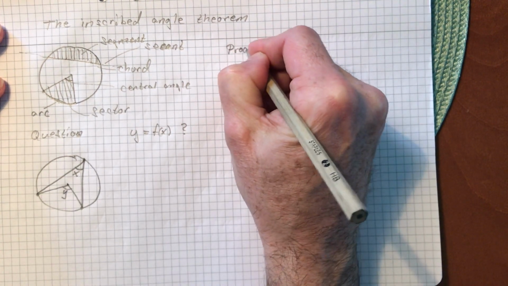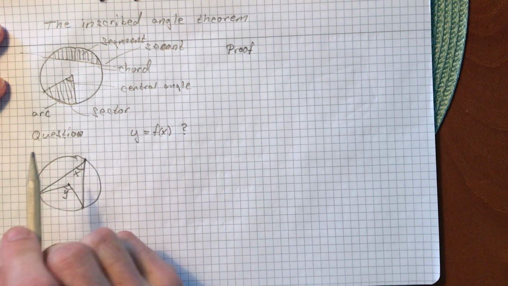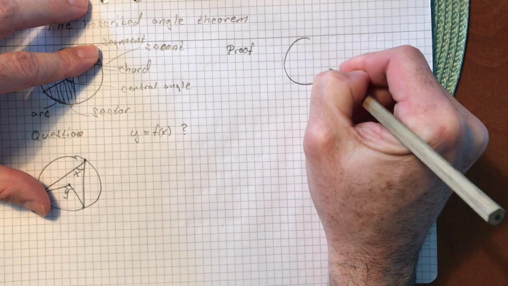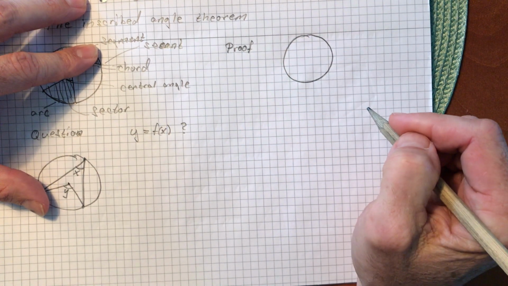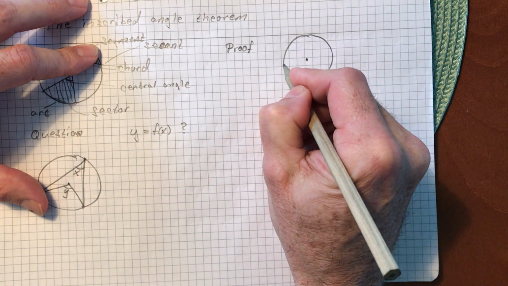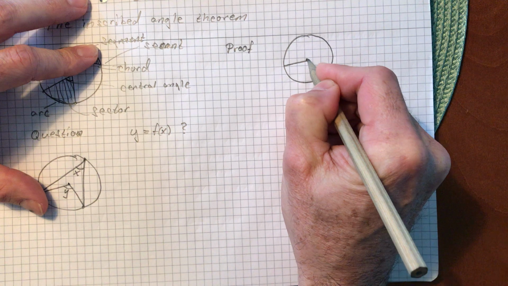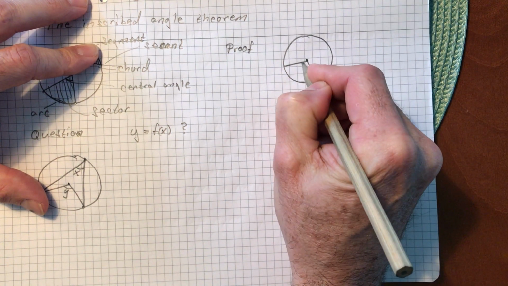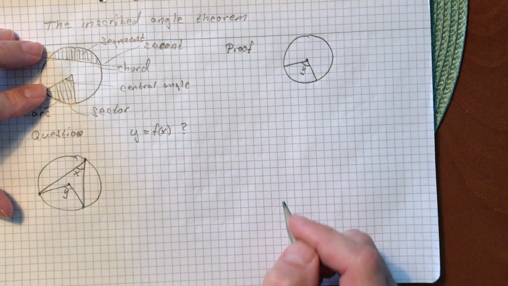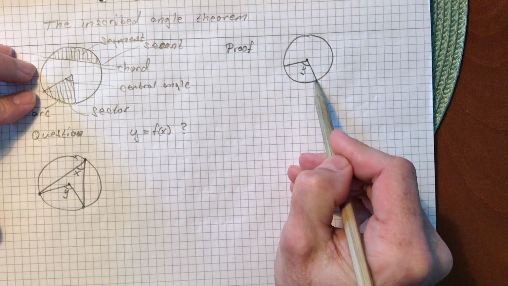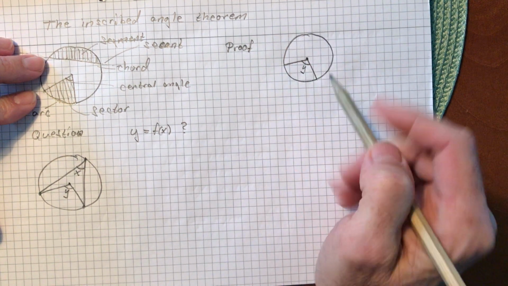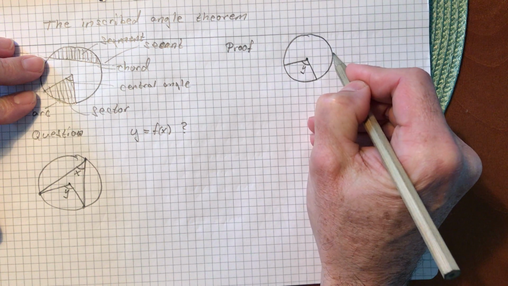So, proof for this relationship. Let's draw a circle like this, with the central point. I have an angle, the central angle, let's call it y. Now from these same points I will draw to some point on the circumference, and I choose this particular point.